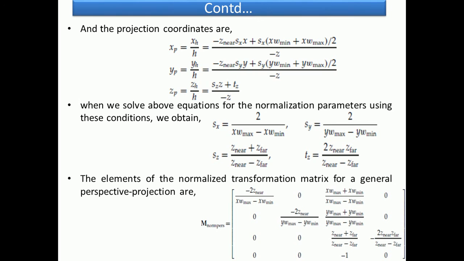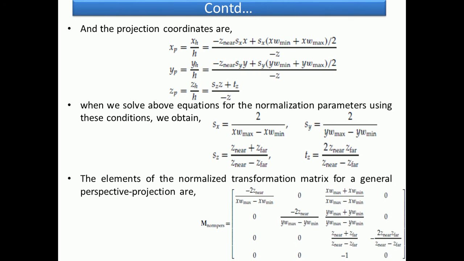And the projection coordinates are xp equal to xh divided by h, which is some equation, yp equal to yh divided by h, which is some equation, and zp equal to zh divided by h, which is equal to Sz z plus Tz divided by minus z.